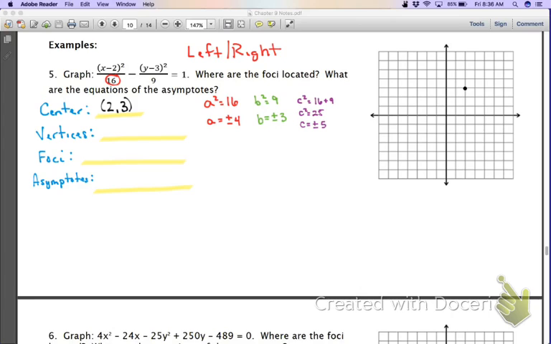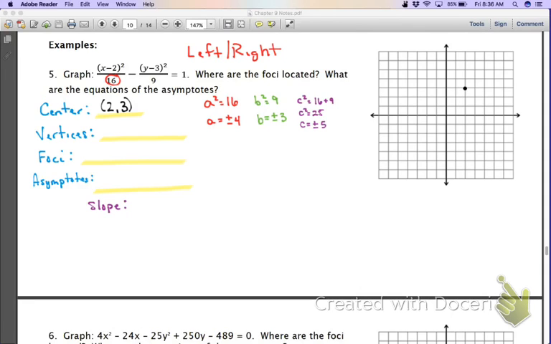Again, you can find your vertices, you can find your foci, you can find your asymptotes first. Really, the order in which you do it is completely up to you. I would probably just do the asymptote first, because remember, what's the slope of your asymptotes?